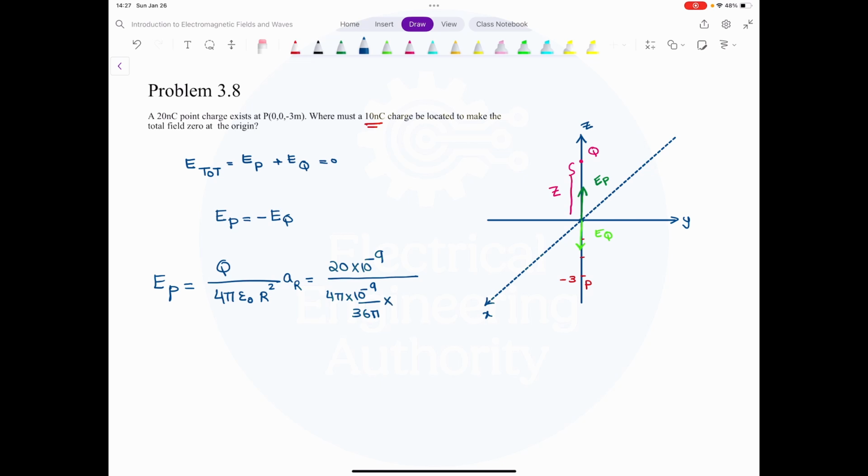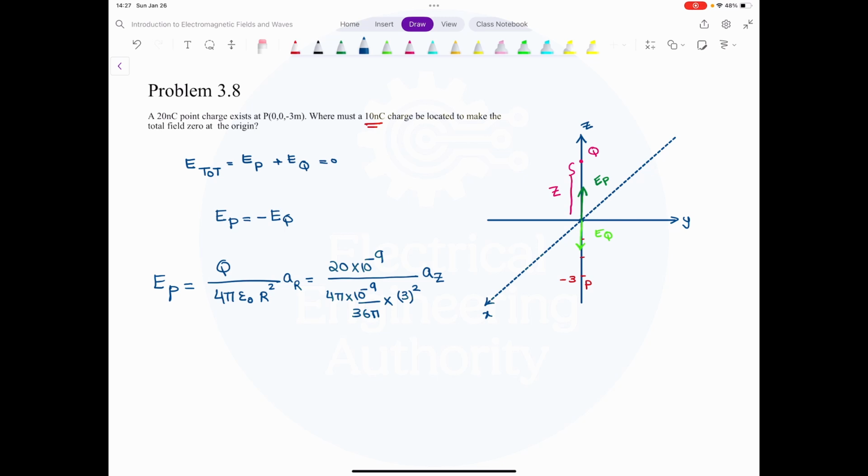What is the r that I have from point P to the origin? It is actually 3 az, right? So the value of that is 3 to the power of 2, and then az. Okay?